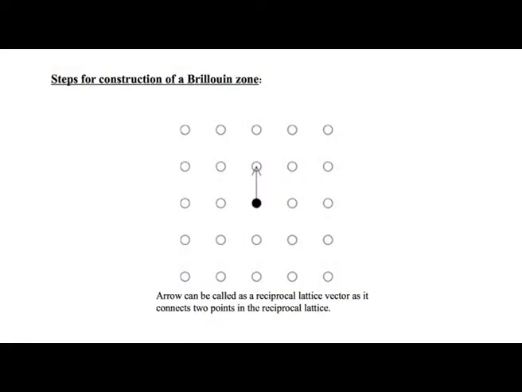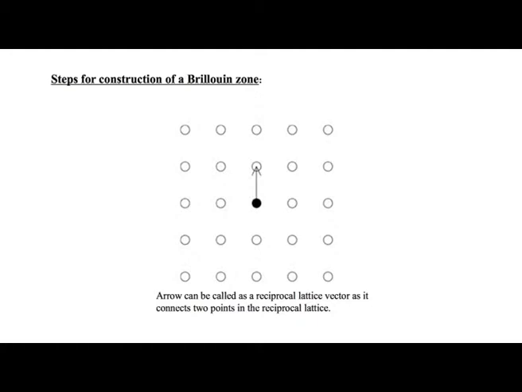So, taking the cue from that knowledge, you imagine a two-dimensional lattice as shown in the diagram over there. So, what was the first step? The first step is to find the reciprocal lattice vectors and construct the reciprocal lattice.